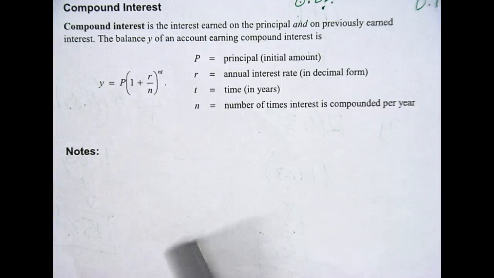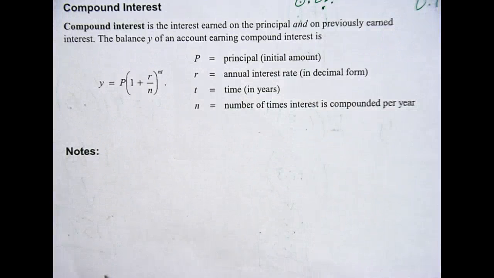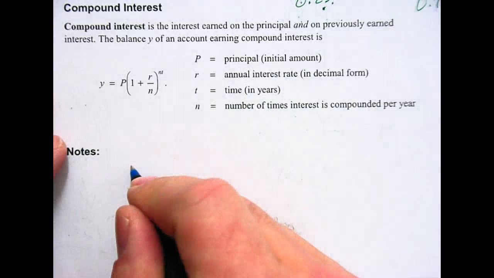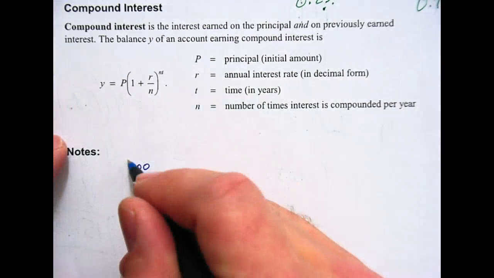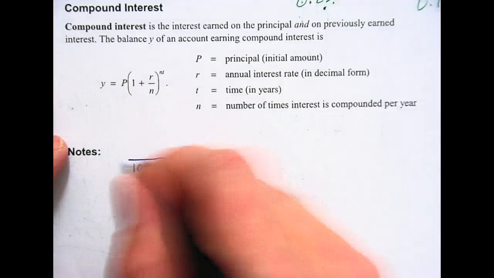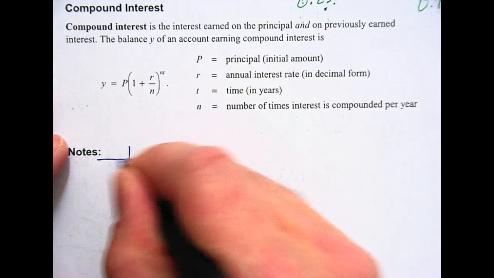Compound interest. Let's say you put $100 in the bank, and each time the period compounds, you earn interest on it.